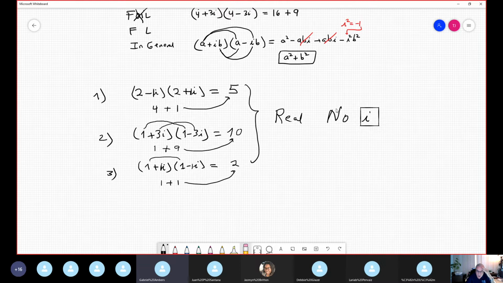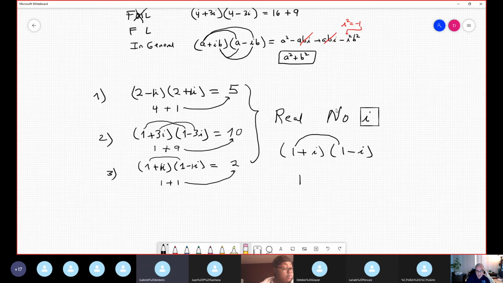Look, let's do 1 plus i times 1 minus i. Suppose that I have no idea of the shortcut. Okay, no problem, there are 4 terms. 1 times 1 is 1. 1 times minus i is minus i. i times 1 is plus i. And this is minus i squared.